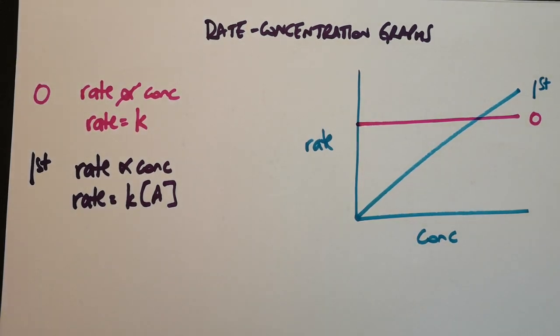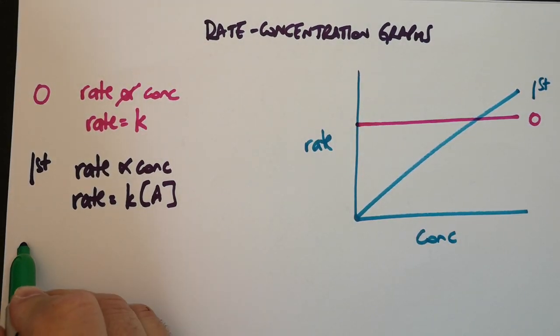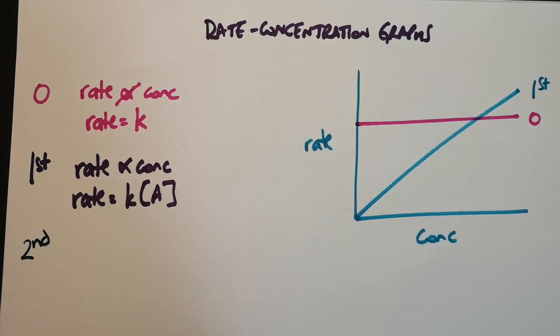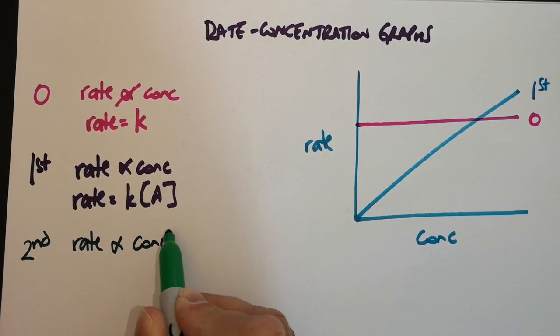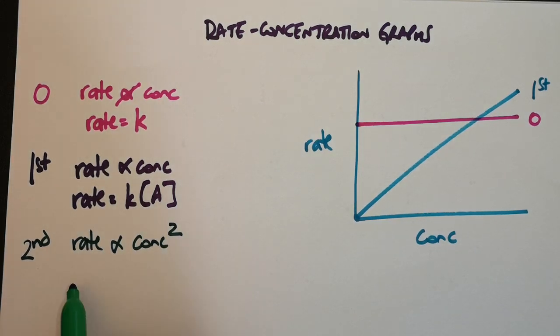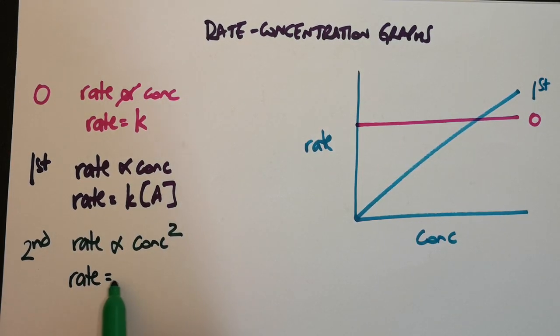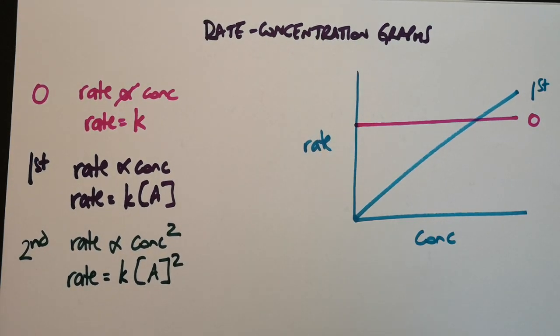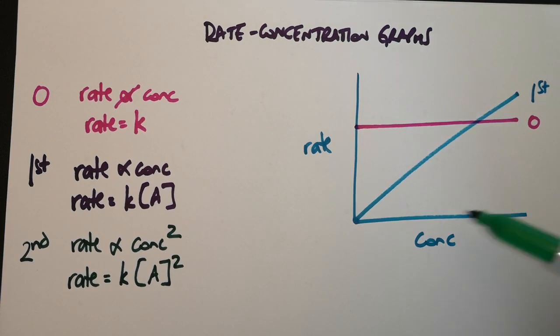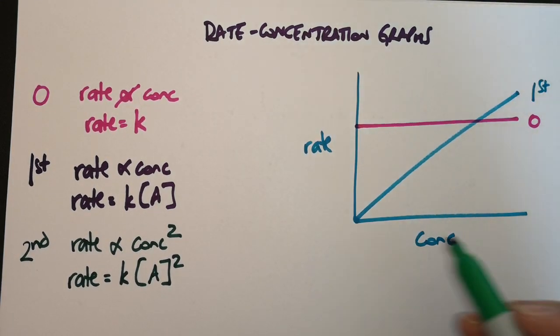Okay, what about second? So for second order, we know that the rate is proportional to concentration squared. And in terms of a rate equation, rate equals k[A] squared. So how that would look on the graph is you would get an exponential curve. y equals x squared.